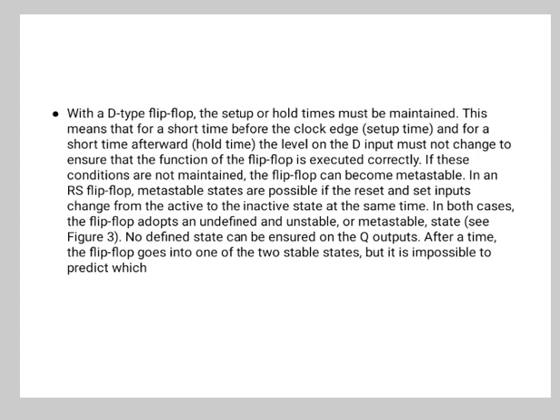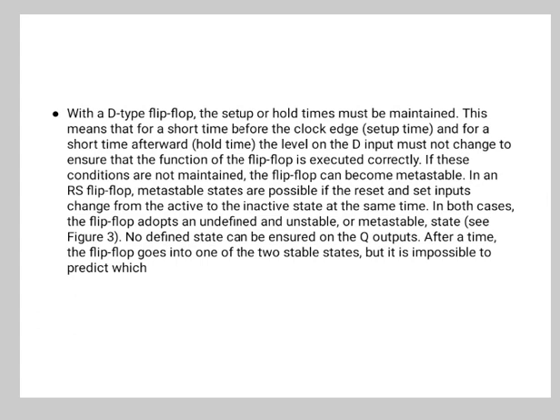With a D-type flip-flop, the setup and hold time must be maintained. This means that for a short time before the clock edge, that is the setup time, and for a short time afterward, that is the hold time, the level on the D flip-flop input must not change, to ensure that the function of the flip-flop is executed correctly.